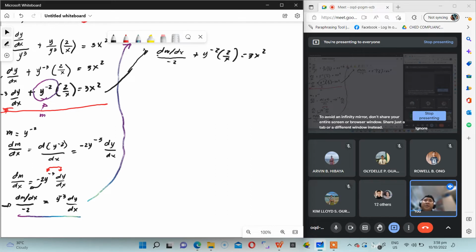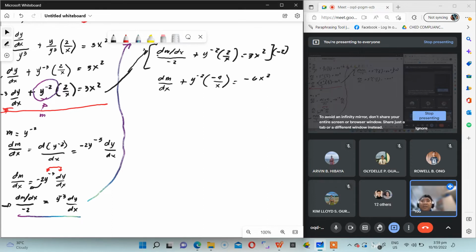So, from here, in order to make it dm over dx lang, murag linear, dapat mawa ni si negative 2, di ba? So, multiply both sides with negative 2. Tanan jud na side. So, negative 2 times negative 2, bale, ma 1. So, ang mabili na lang is dm over dx plus y raised to the power of negative 2. Negative 2 times 2, that is negative 4 over x equals 3 times negative 2, that is negative 6x squared.